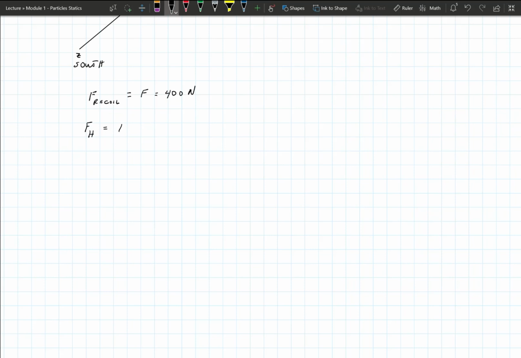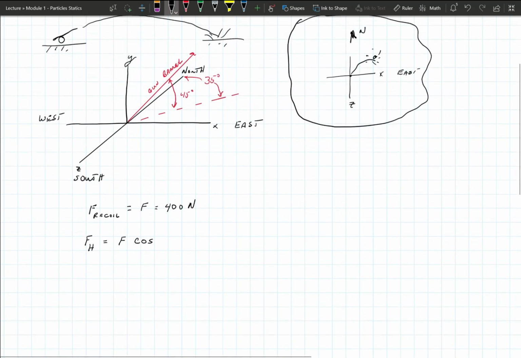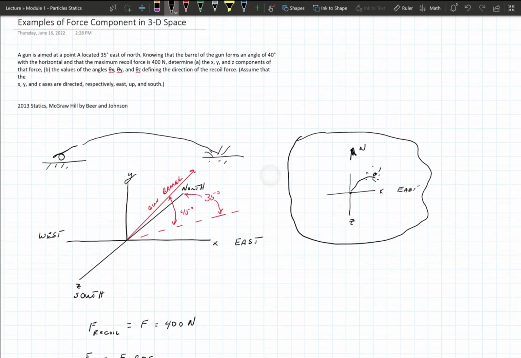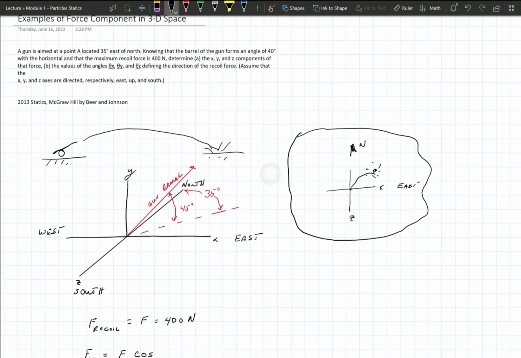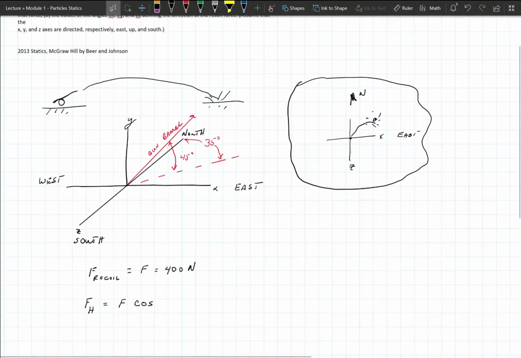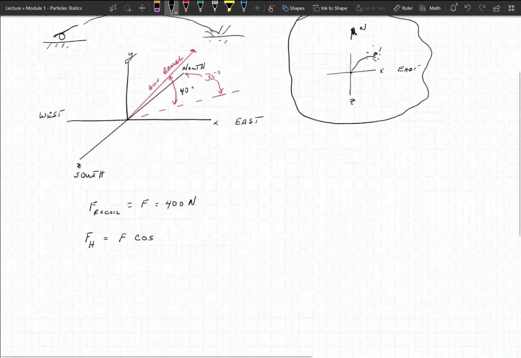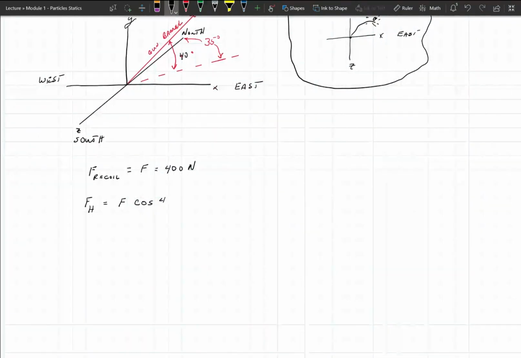So if we take the F and we bring it down into the horizontal, did I say 45? It is 35 and 40. Aha. Let's change that to 40 degrees.